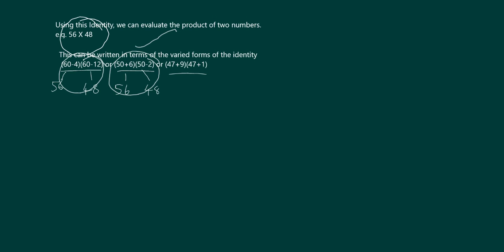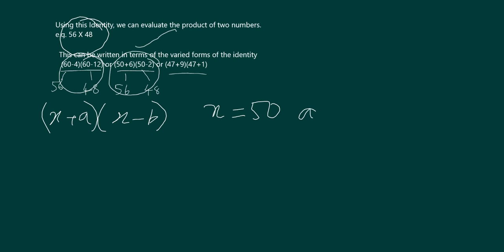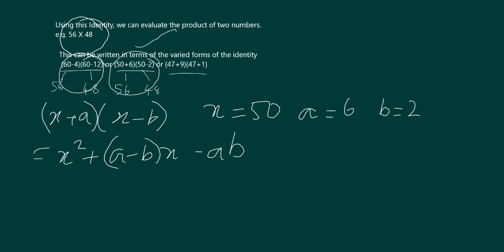Now this is again of the form (x + a)(x − b), where my x is equal to 50, my a is equal to 6, and my b is equal to 2. Now (x + a)(x − b) gives me x² + (a − b)x − ab, as stated before.